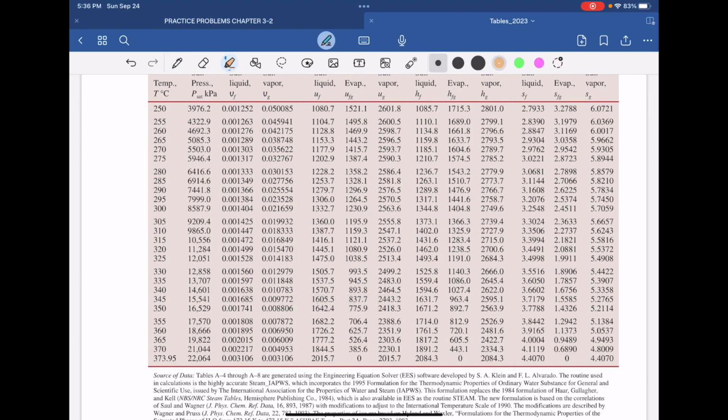Table A4, okay, and locate our specific volume here. Our specific volume is around 0.0046.